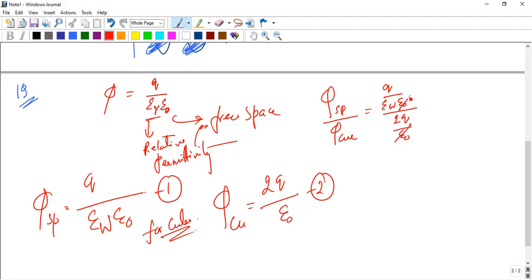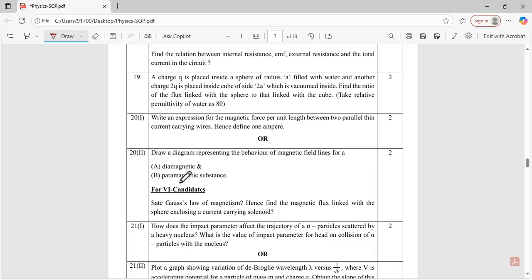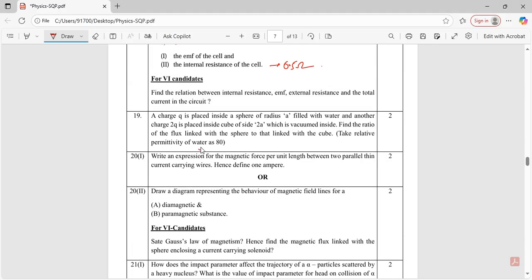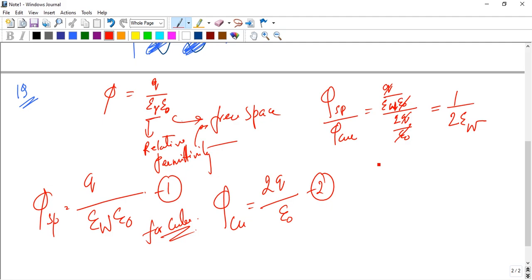Epsilon naught cancels, and Q cancels. So the final answer we get is 1 by 2 epsilon W. The permittivity of water is given as 80, so 1 by 2 times 80 gives 160. That's the answer. It's a ratio, so there is no unit here.